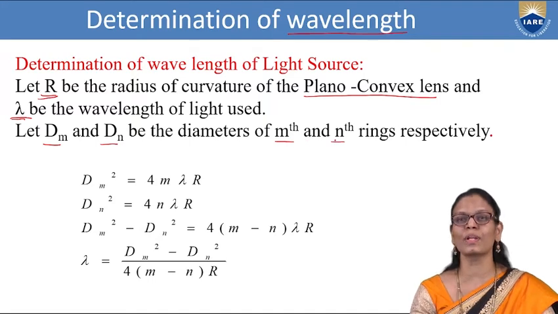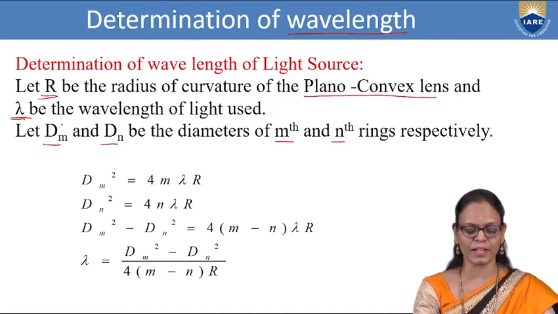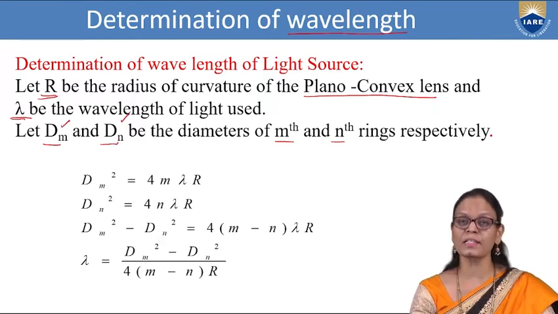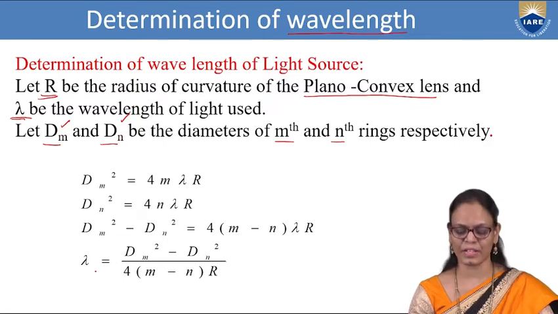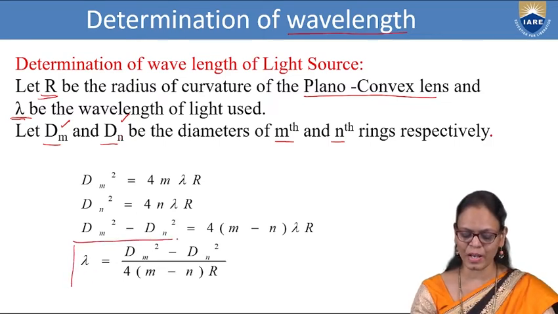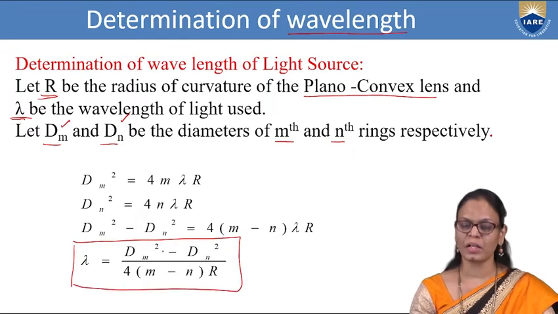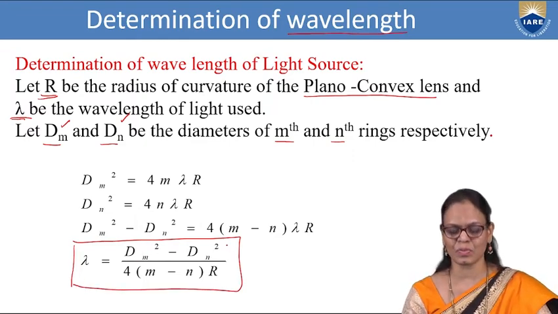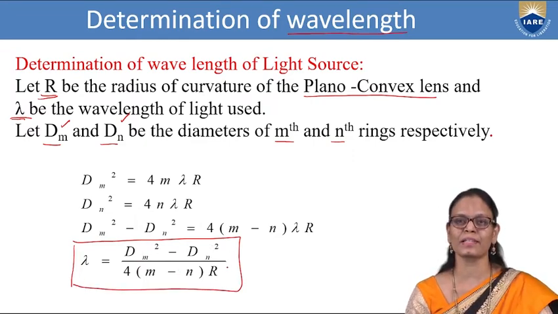We are considering two rings, the mth ring and the nth ring, whose diameters are given by Dm and Dn. Using these diameters, how are we going to get the wavelength? We have the formula lambda is equal to Dm square minus Dn square upon 4 into (m minus n) into R.